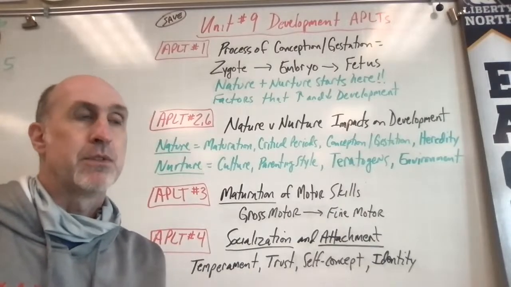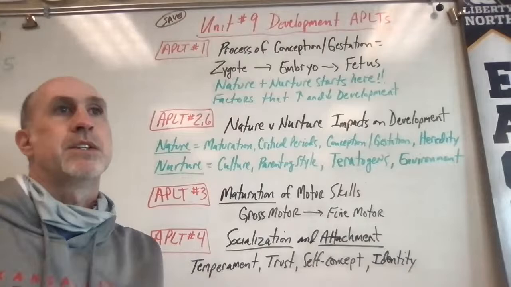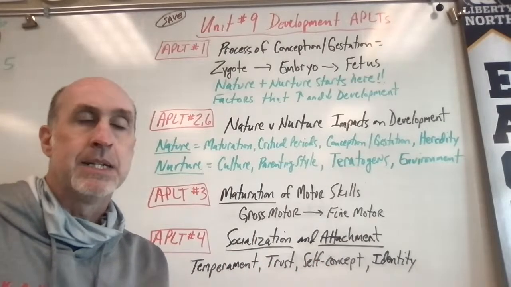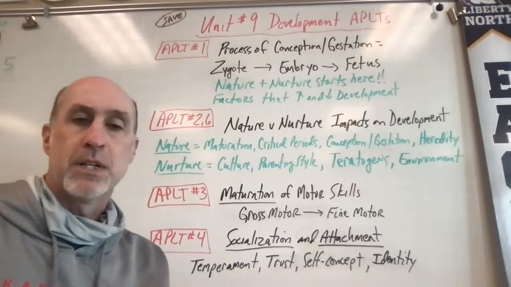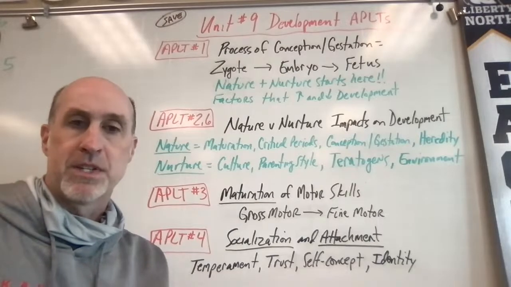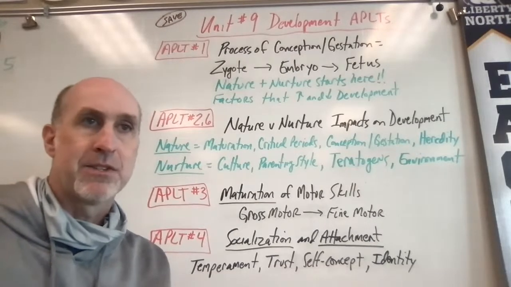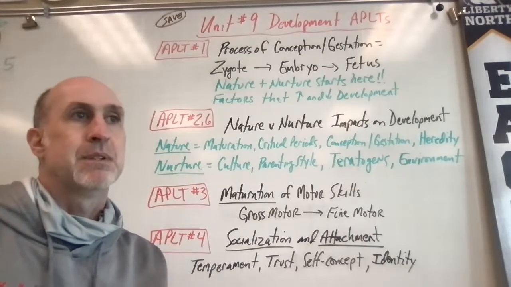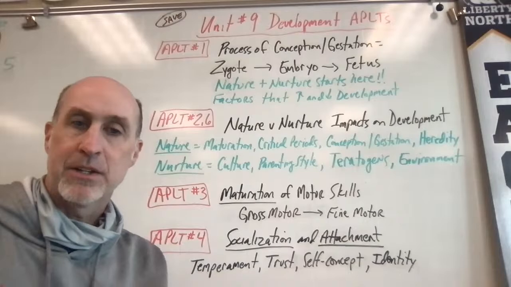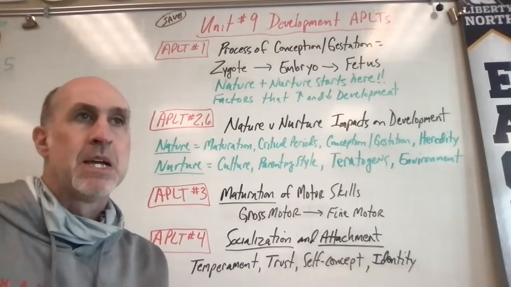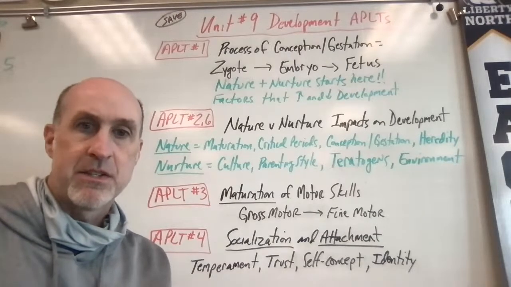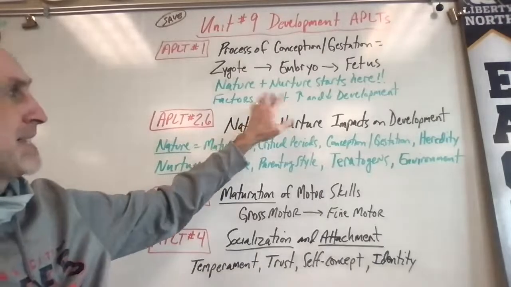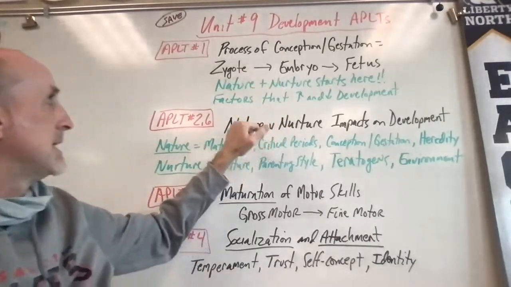Things that the mother does, toxins from outside, chemicals that the mother puts in her body. I know that probably all of you have heard various things like that you can read to your child. Some mothers will read to their child in the womb. They can interact with the child in the womb later on in development. They can tell how active it is, and so on. So just keep in mind that's a pretty important element there.